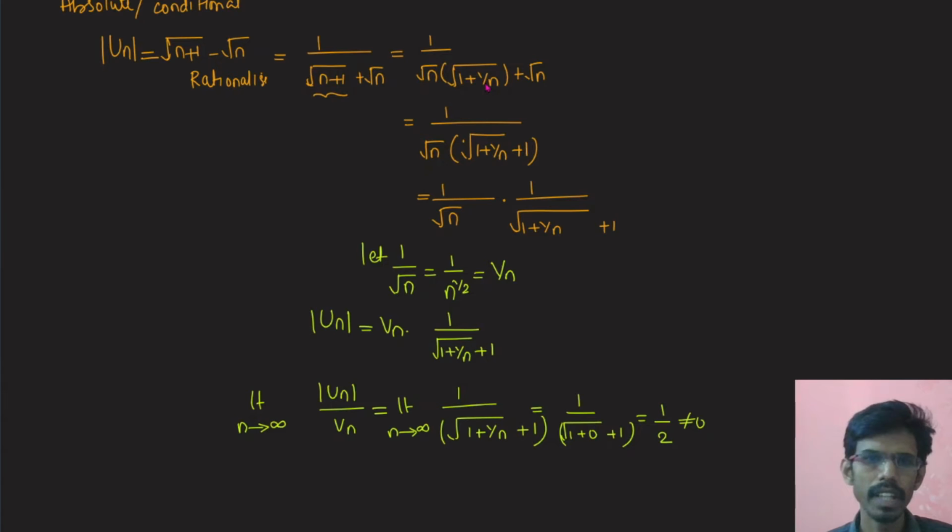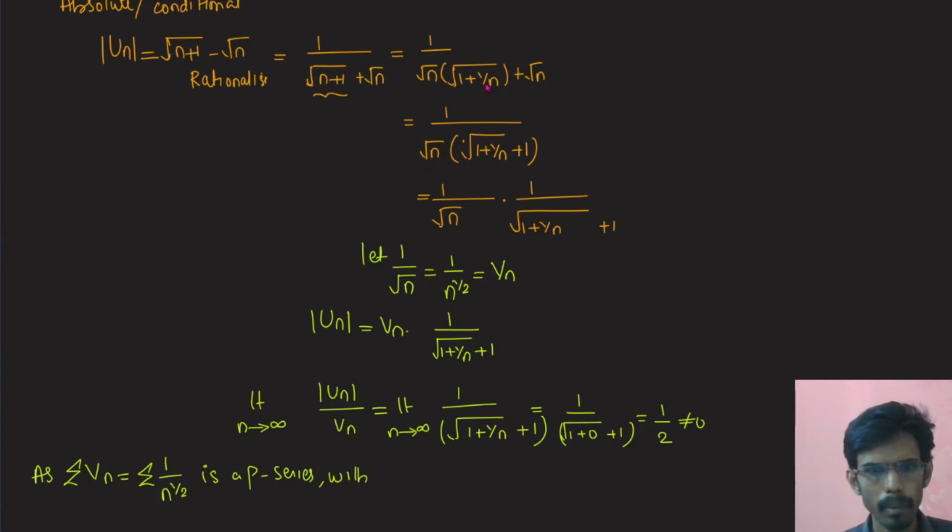So whenever we get non-zero or finite value in comparison test, we say Vn, that is 1 by n power of 1 by 2, is a p series with p value 1 by 2, that is less than 1. Whenever we have p less than 1, we say sigma Vn is divergent.